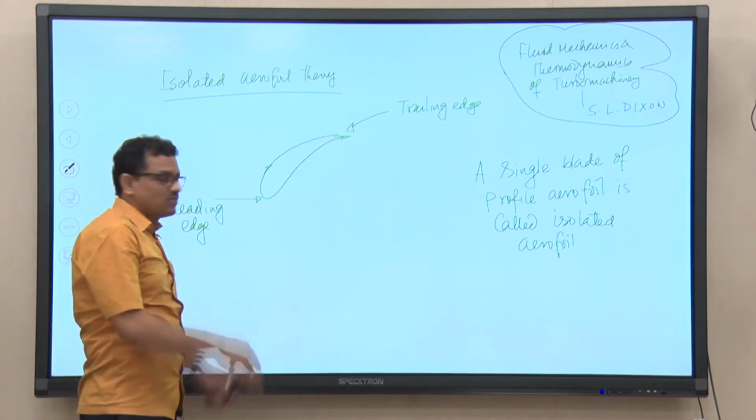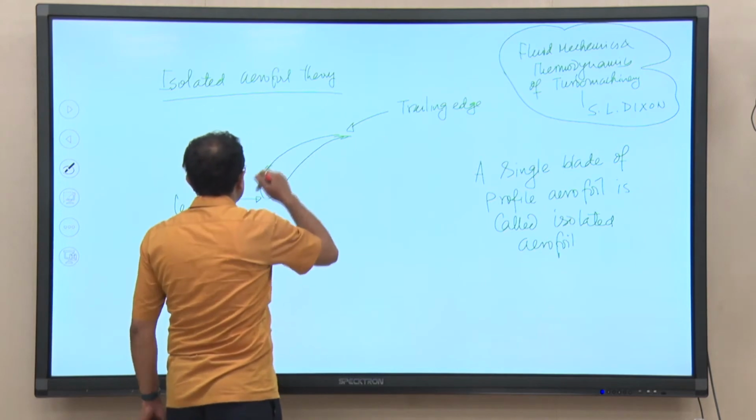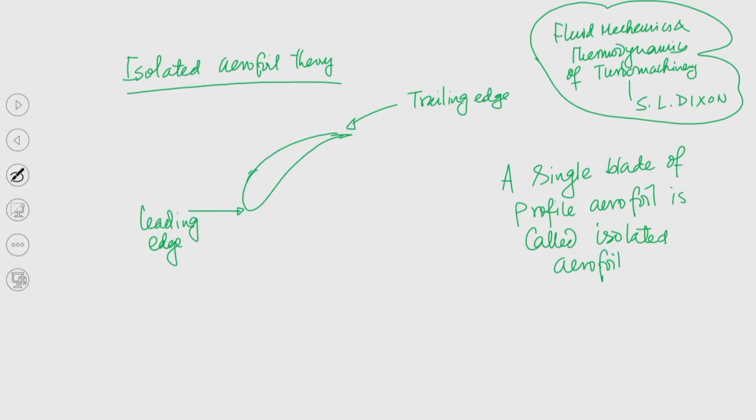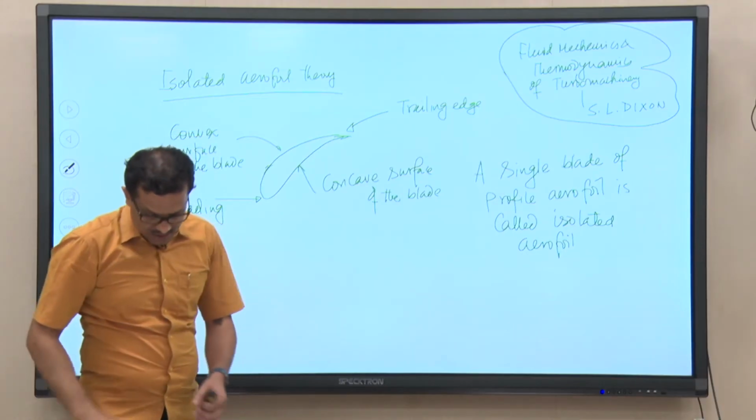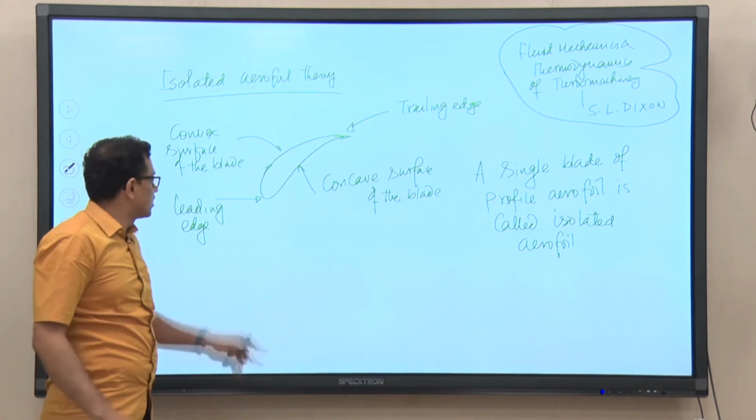Now, why I am trying to discuss this part, when flow is approaching this, basically, this is convex, this is the concave surface of the blade, and this is the convex surface of the blade, right. So, this is what we have discussed, that is a convex surface and a concave surface.